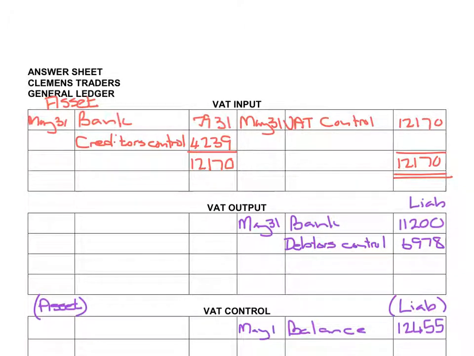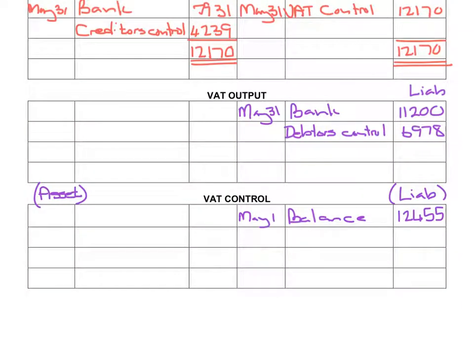Because the VAT input is credited, VAT control will be debited. On May the 31st, VAT control is debited with the amount that's transferred from VAT input, 12170.